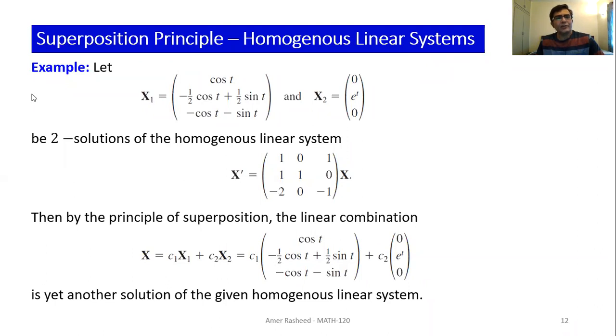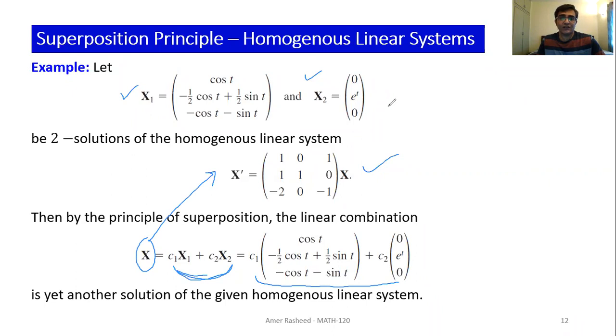Now, an example of the superposition principle: assume that x1 and x2 are two different solutions of this homogeneous linear system, then we can prove that the linear combination of x1 and x2, which is defined in this way, is again a solution of this homogeneous linear system. How can we verify it? I hope you know how to verify it.